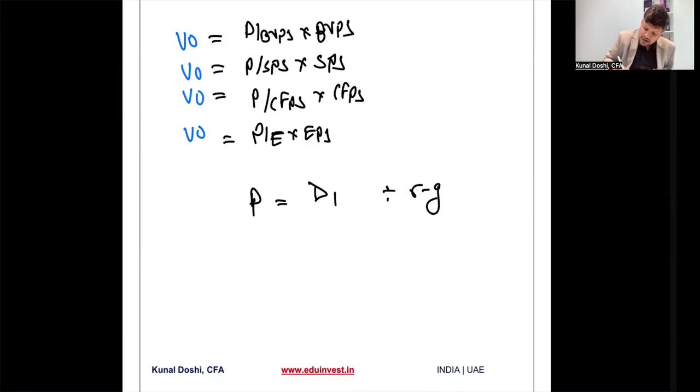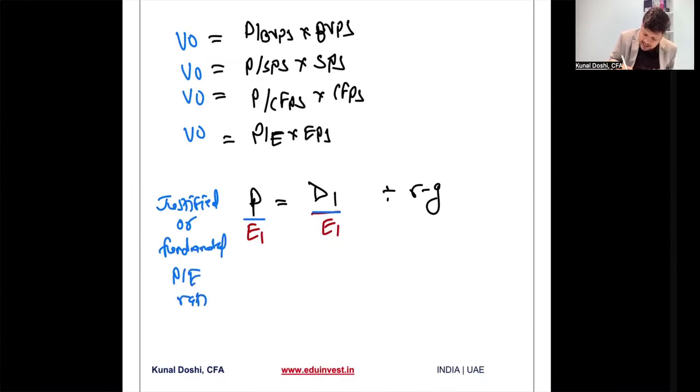Now, if I just divide both sides by E1, E1 is what? Leading earnings, right? Then this ratio becomes what? Justified, or called fundamental. Either we say justified or fundamental PE ratio. And this is leading.